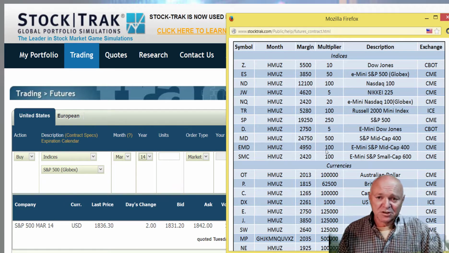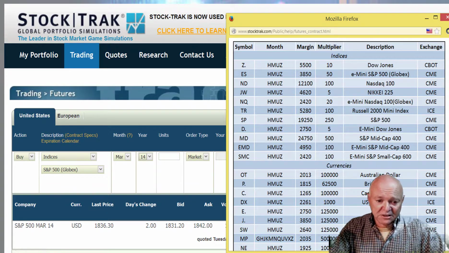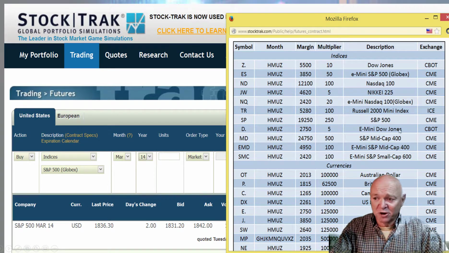For example, on this screen, you can see that if we go into trading futures, for the European or the United States market, click on Indices, and the contracts that are available are limited, but you'll see that one of them is the S&P 500 that's traded on the Chicago Mercantile Exchange's Globex market.